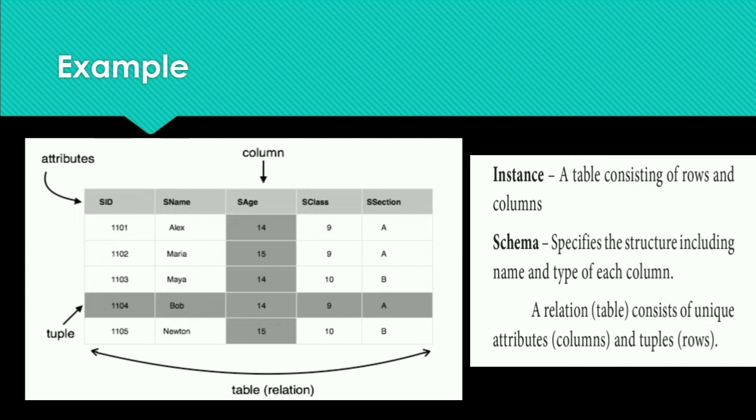And the next column is name, and the data type is text, since we have written only alphabets, only names. Similarly, the other columns also have a particular name and type. So every single table should have unique attributes and tuples, that is unique columns and unique rows.